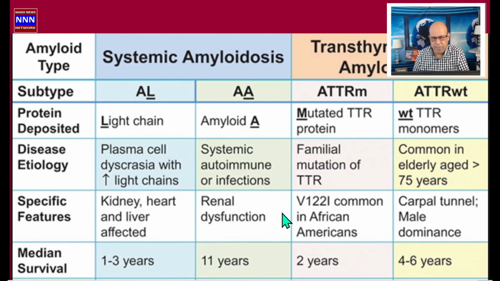There are different types of amyloidosis. The two main types are the light chain amyloid disease, which predominantly affects the heart, kidney, and liver, whereas the transthyretin amyloid is sort of a genetic disorder, seen as a familial mutation of the transthyretin, and it affects individuals where their neurological system and connective tissue problems are much more prominent than the cardiac issue.